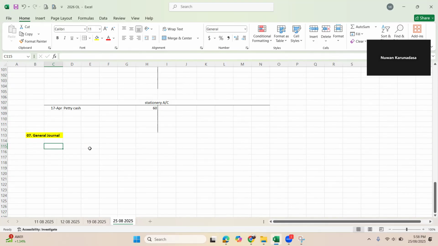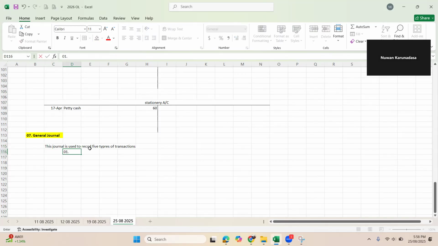This journal is used to record 5 types of transactions.